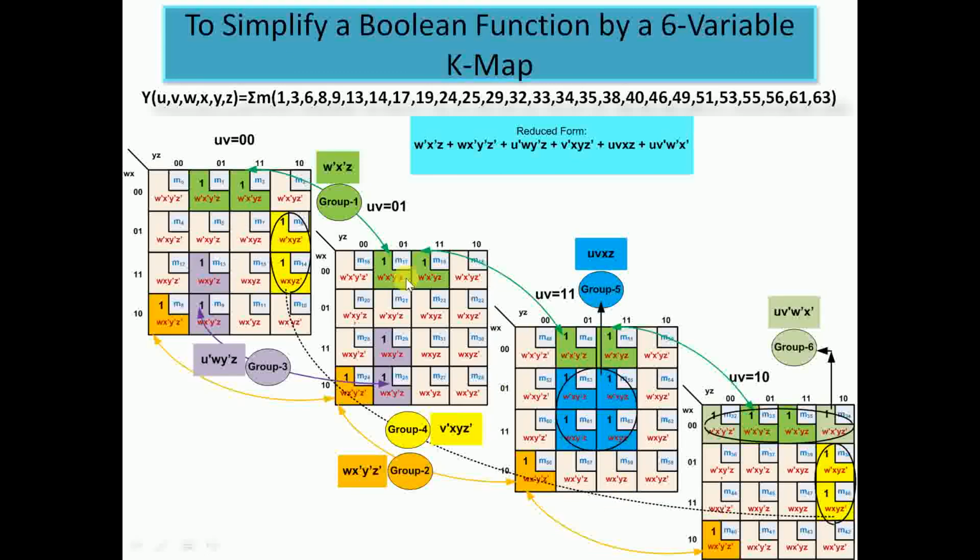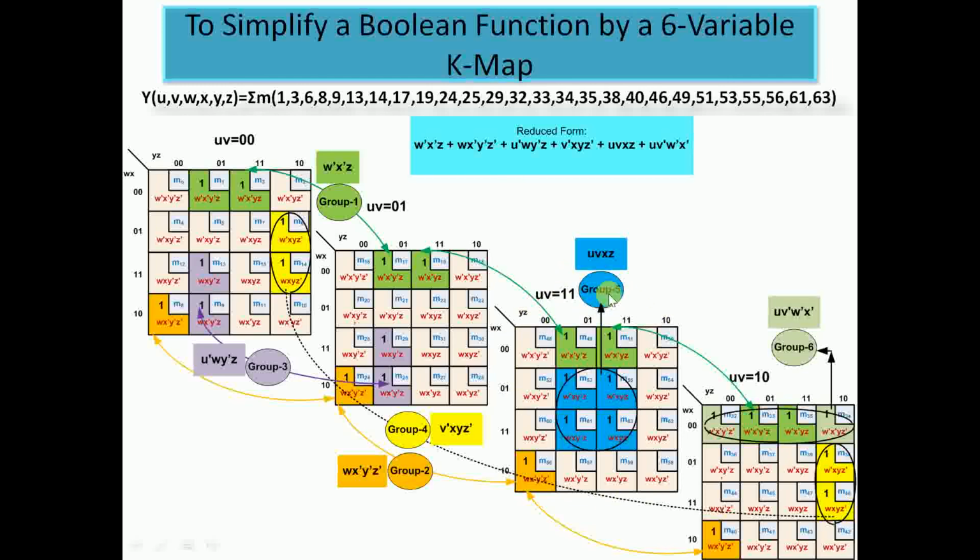This map can combine with the min terms of the other maps, but in these two maps we do not have min terms located at the same positions as in this map. So this group is confined to the UV is equal to 1, 1 map itself.